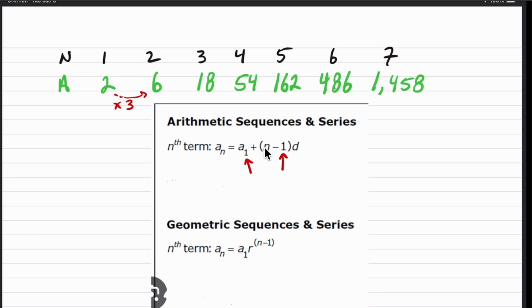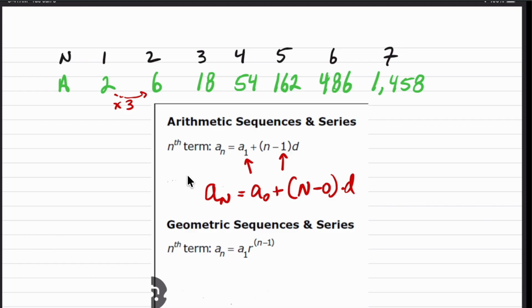We do the ending point minus the starting point. If you wanted to start at a sub 0, then it would be plus n minus 0 times d. It's the number of steps. The way you determine the number of steps is the last n position minus the first n position.